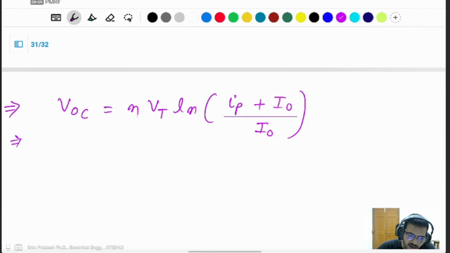You can calculate everything, as all of it is given. N is given as 1.4, and Vt is T divided by 11,600.